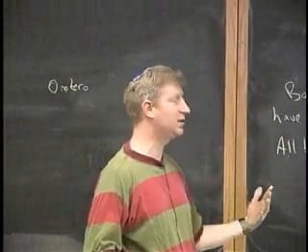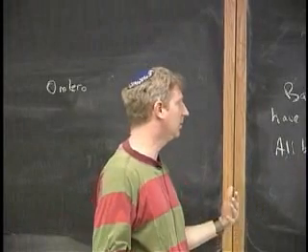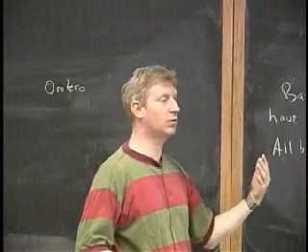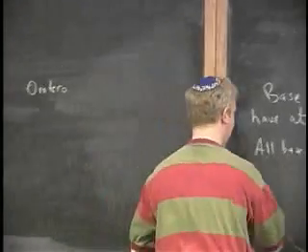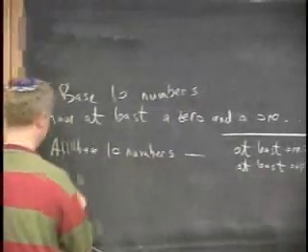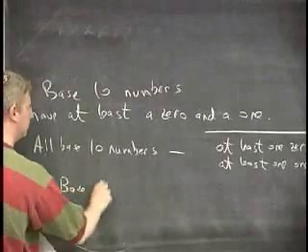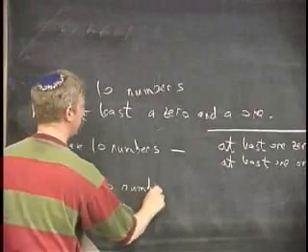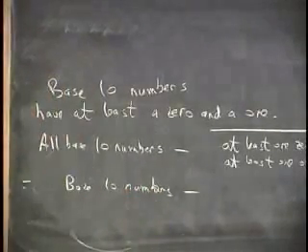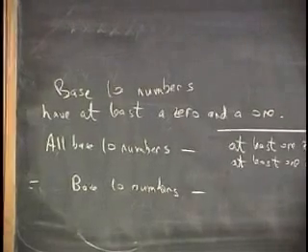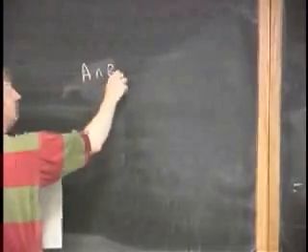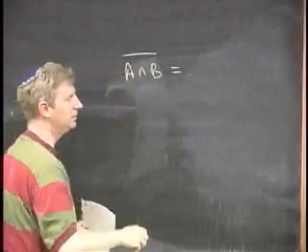But it's not just the ones that have no zeros or... Let's see what it is. This equals all base 10 numbers. You all know this. You can all just do it logically. But remember this from set theory? A intersect B complement equals what?